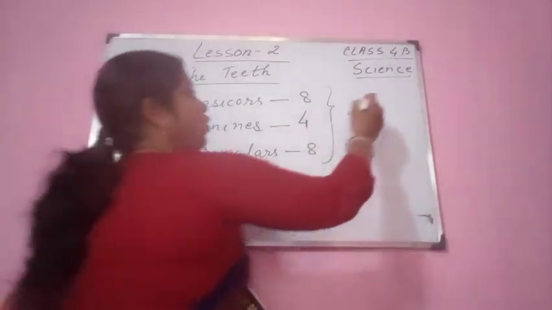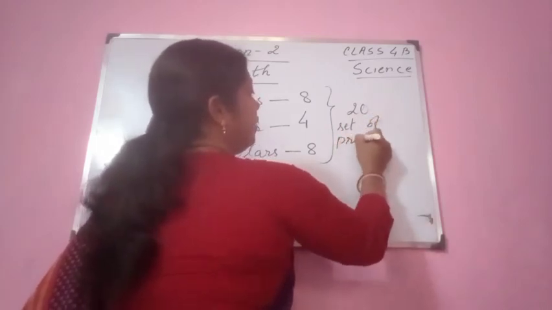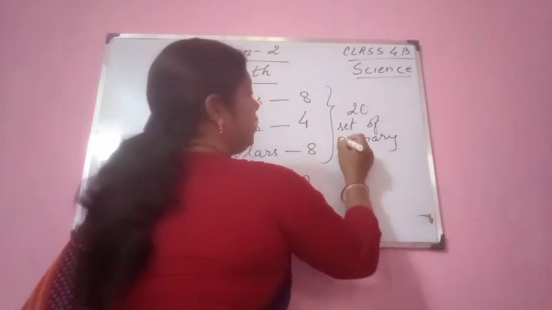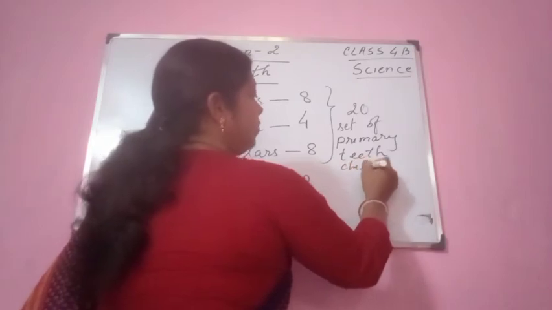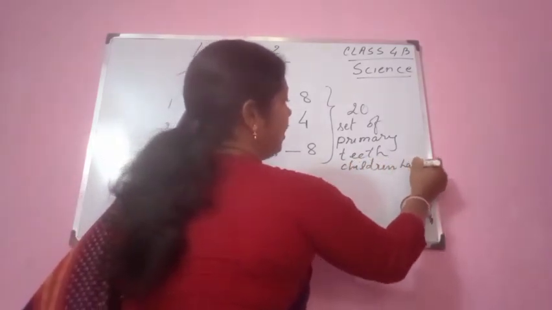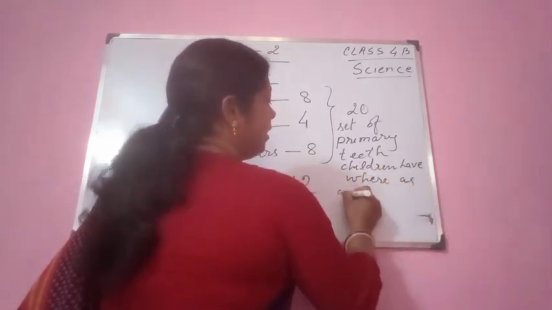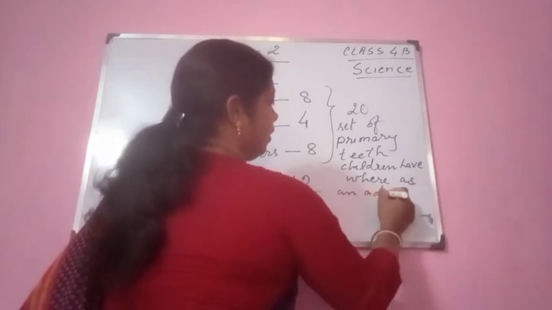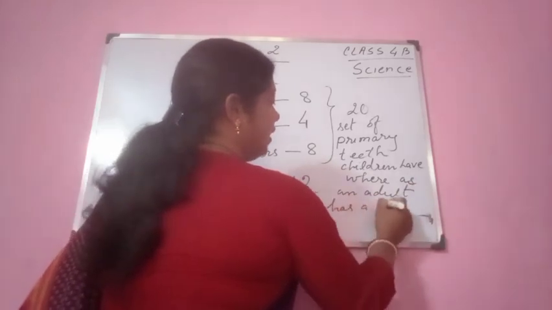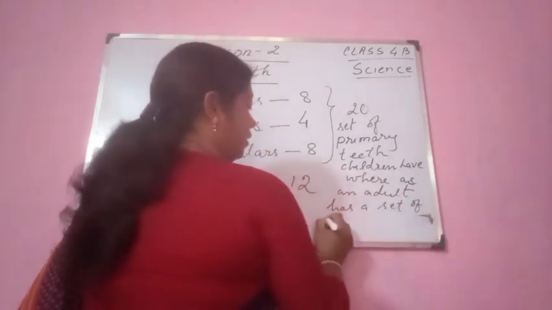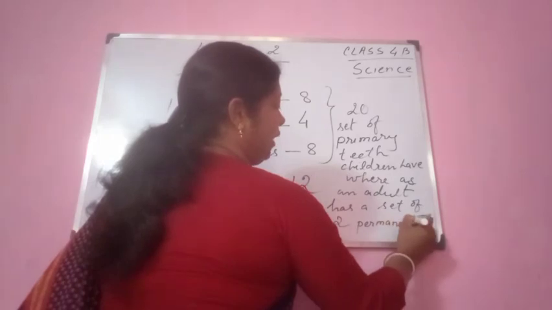If you count altogether, children have a set of 20 primary teeth, whereas an adult has a set of 32 permanent teeth.